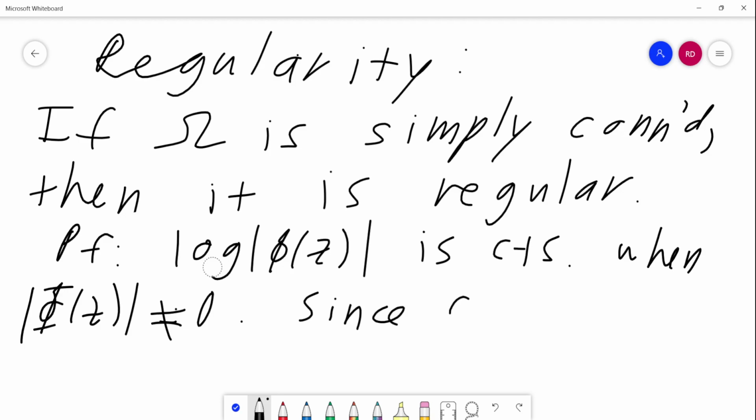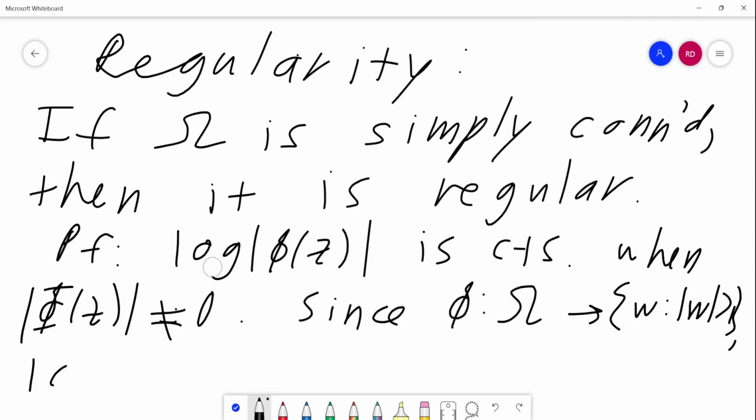Since phi maps omega to the exterior of the disk, we know it's not going to be 0 on all of omega.